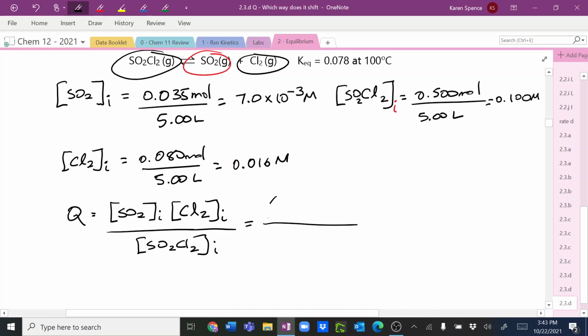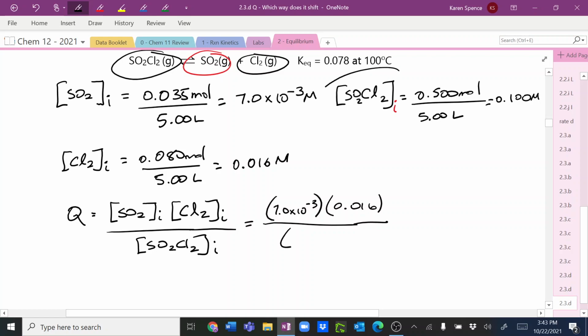So when we substitute it, SO2 becomes 7.0 times 10 to the negative 3, Cl2, oh, that's not Cl2. I wrote the wrong one. Cl2 is 0.016. That's better.